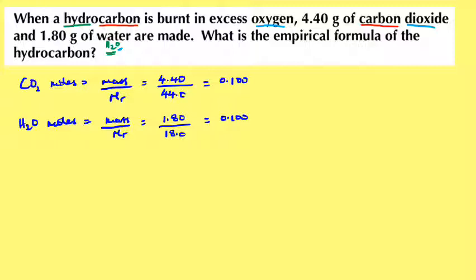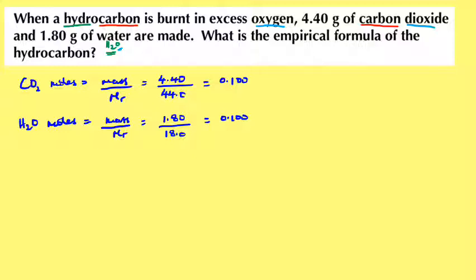Okay, so now we've got the basics down. We need to just have a little think about what's going on here. As we said when we were looking at the question, all of the hydrogen and all of the carbon comes from the hydrocarbon. And this means that we can use the number of moles of carbon dioxide and water to work out how many moles of hydrogen and how many moles of carbon were in the hydrocarbon.